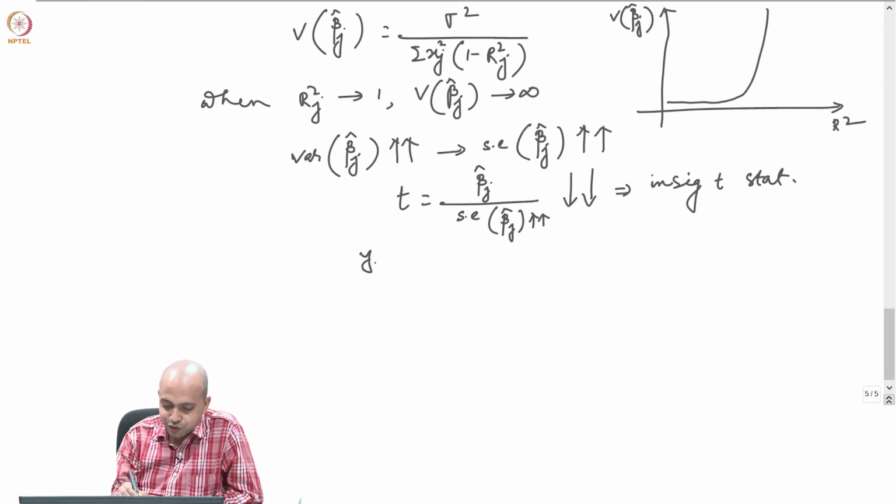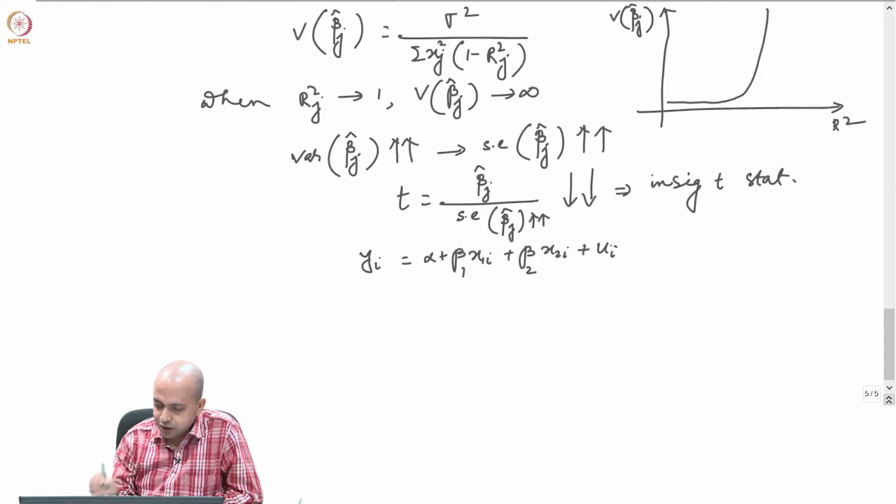Suppose this is your model, y i equals alpha plus beta 1 x 1 i plus beta 2 x 2 i plus u i, and you see by individual t statistics, let us say this is t 1 and this is t 2, both are insignificant in presence of MC.